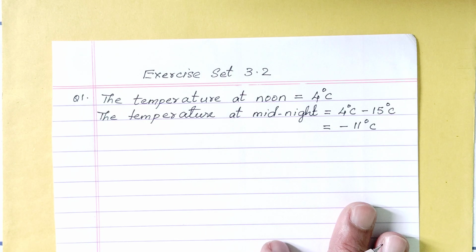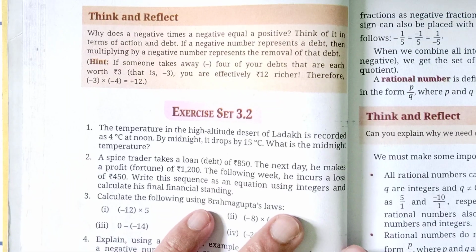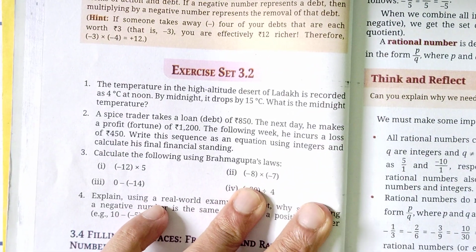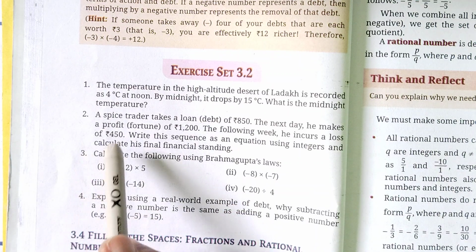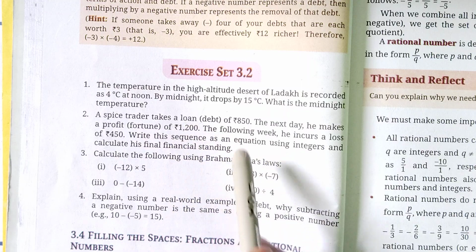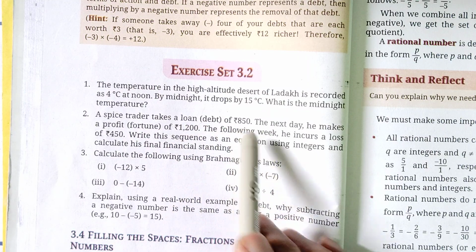So the first question is solved here. We'll go to the second question. Question 2 says, a spice trader takes a loan debt of rupees 850.